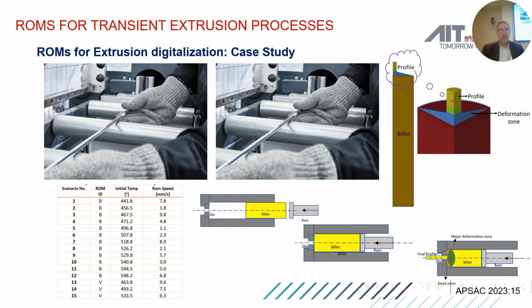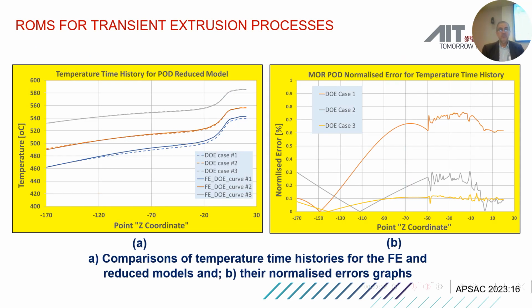Then we ran this, and for the temperature, you see the temperature of the material particle as it goes from the end of a billet, through the tool, and outside the billet. The extrusion essentially works with the billet pushed through the tool, and you get the final profile on the other side. So you're tracing the material temperature all across, from the end of the billet to the final profile.